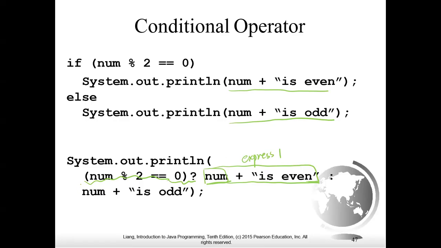Otherwise, we will output expression 2. So they are the same thing, right? Expression 1 matches this one, and expression 2 matches this one. So it makes the if-else statement into one line of code.